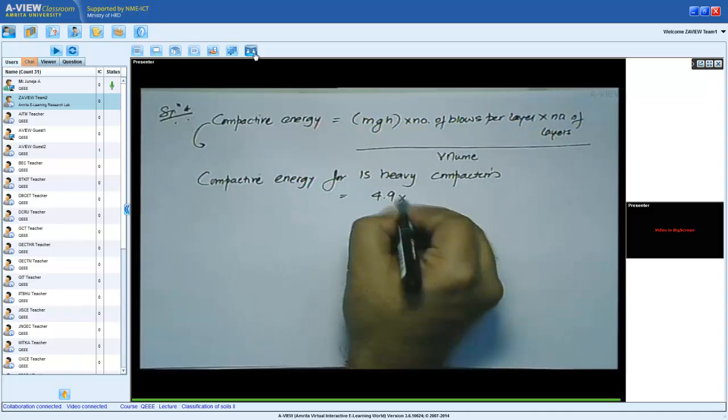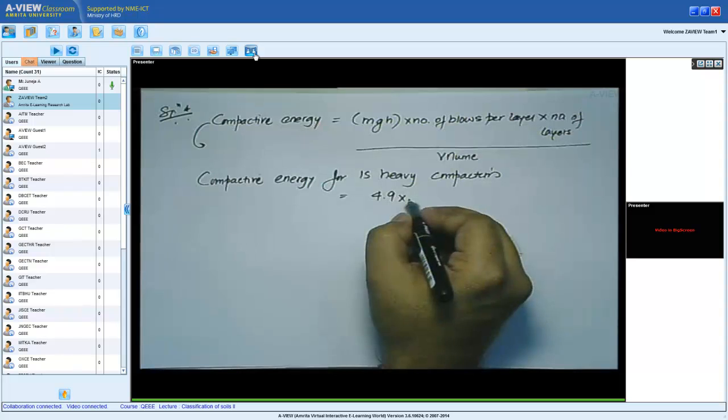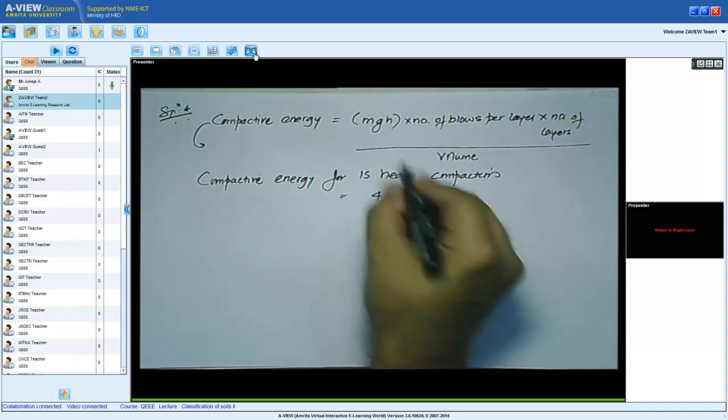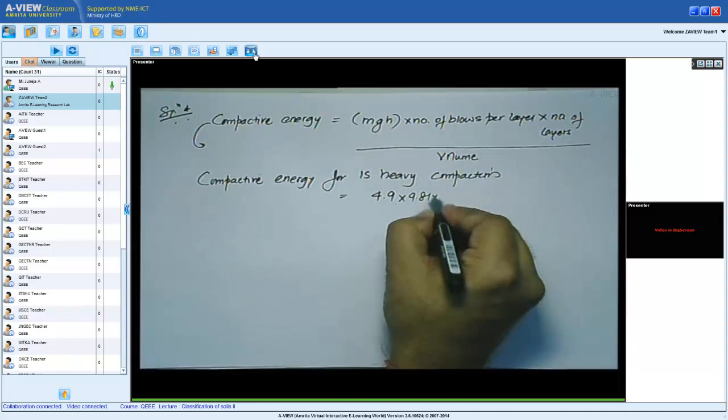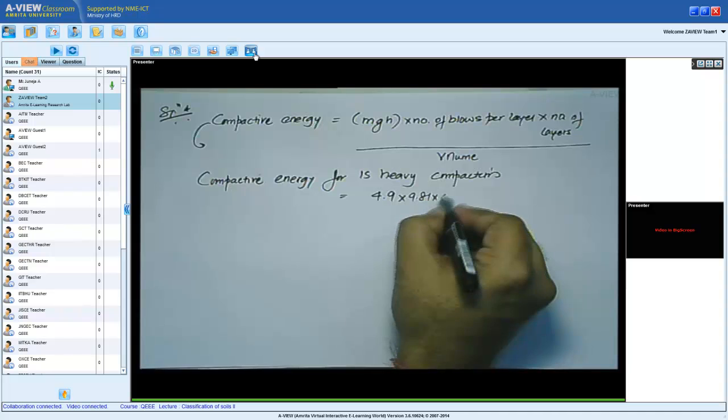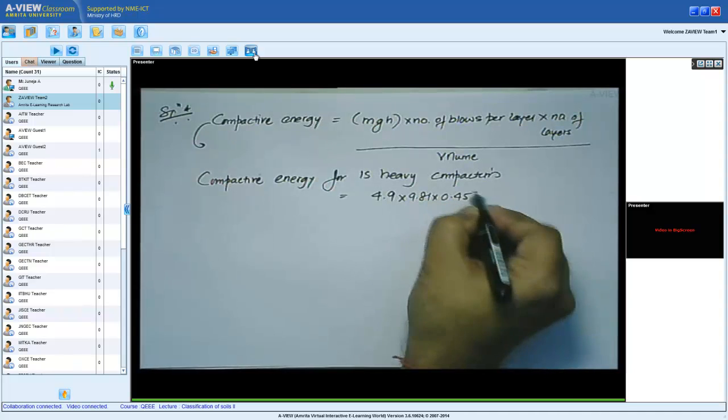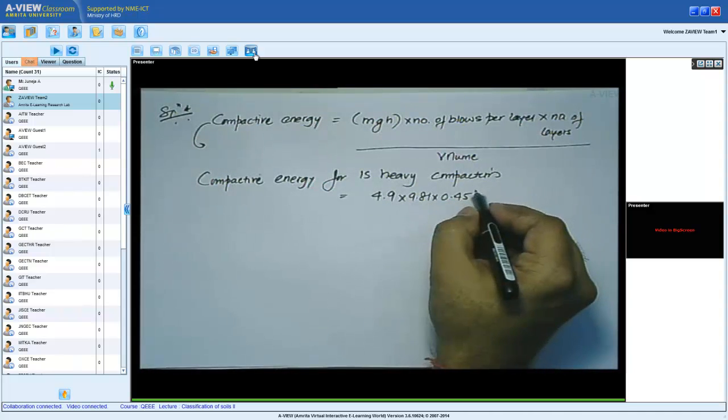I hope you jotted down the number earlier in the lecture series. The g is acceleration due to gravity, 9.81, times the height of fall, 45 centimeters or 0.45 meters.